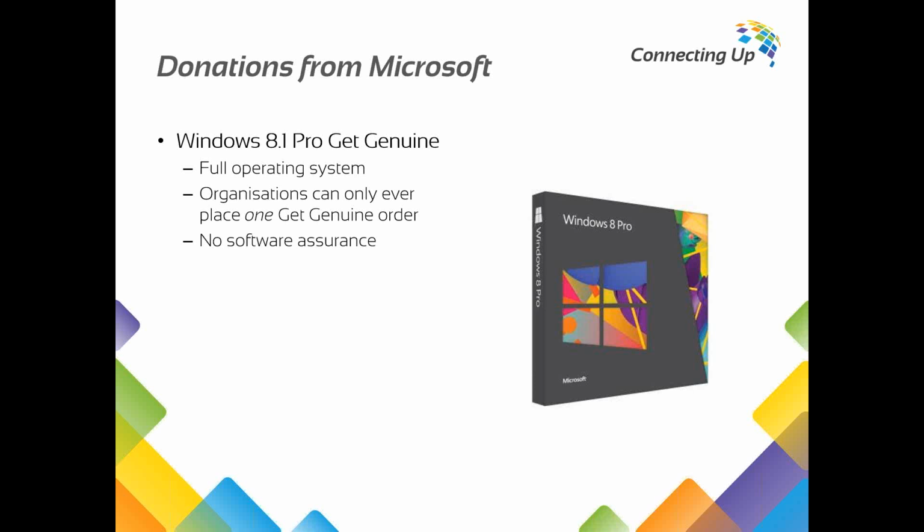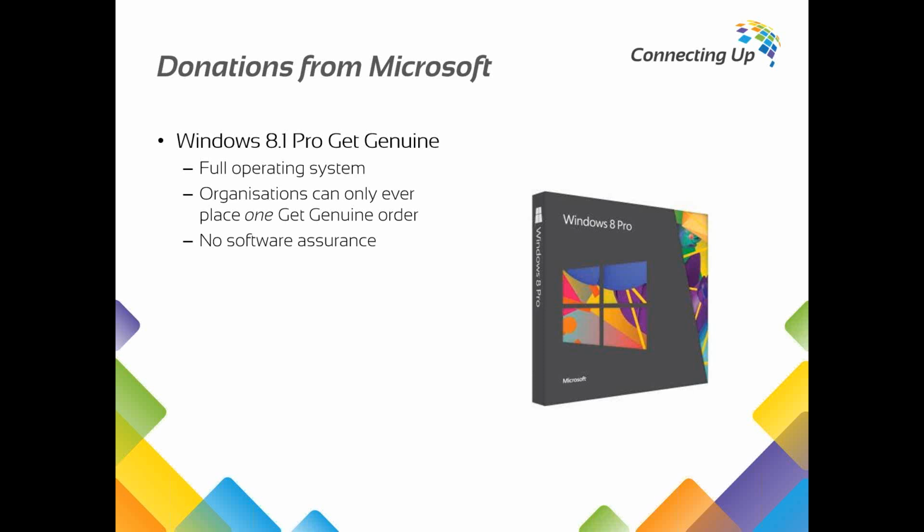Now, the key point here is that you can only place one Get Genuine order ever through the donations program. So if you've already done it for, say, Windows 7 or Windows 8, you won't be able to do it for Windows 8.1 Pro. You'll have to get the upgrade.